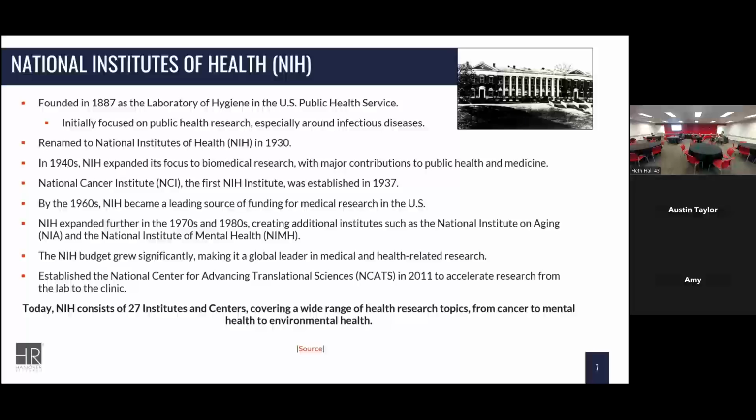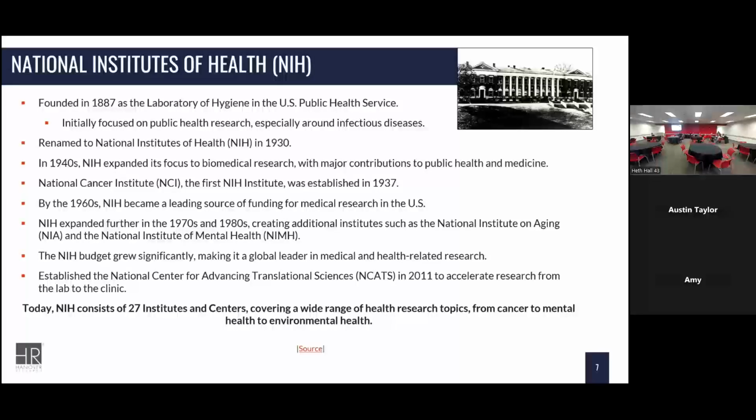Today, the National Institutes of Health is composed of 27 institutes and centers, and they cover a wide range of research topics. I really want to emphasize that, because usually when we think about biomedical or NIH-type research, we think about cancer research or infectious disease research.